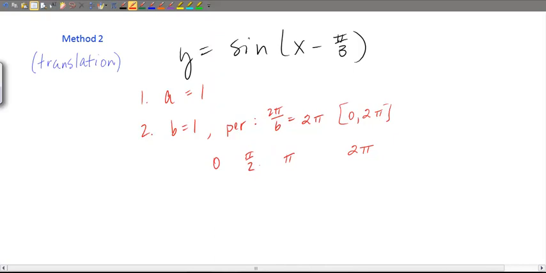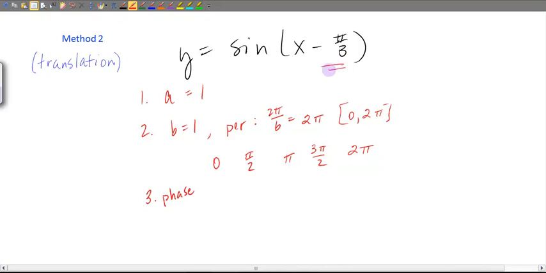I can go back and ask myself, how did I go from 0 to pi over 2? It's incrementing by pi over 2. So if I add pi over 2 to pi, I get 3 pi over 2.